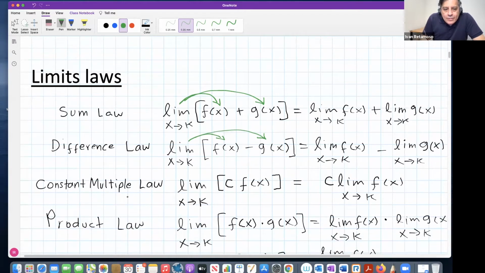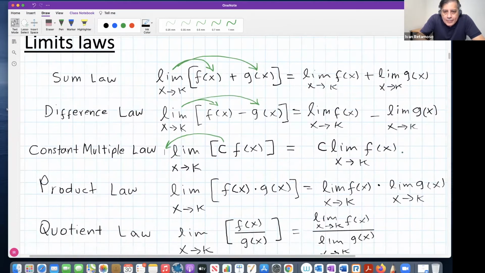Then mathematicians figured out that if a function is multiplied by some constant c, some real number, you can take this constant outside of the limit and focus on the limit of the function. So when you see a constant multiplying a function, feel free to take the constant out and then multiply it by the limit, okay? It's called the constant multiple law.